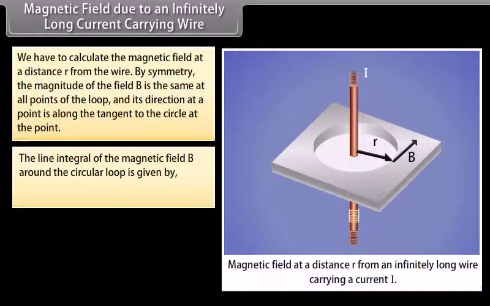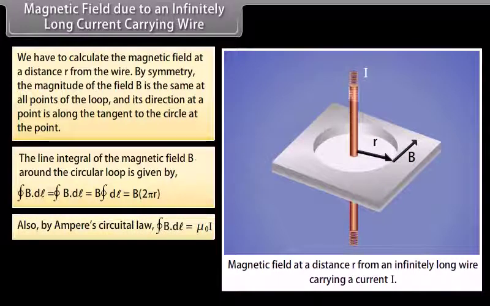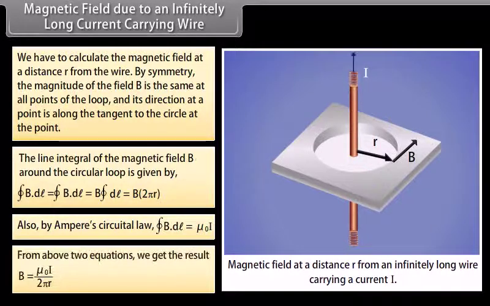The line integral of the magnetic field B around the circular loop is given by product of B and 2 pi r. Also, by Ampere's circuital law, closed integral of B dot dl is equal to mu naught I. From above two equations, we get the result B is equal to mu naught I divided by 2 pi r.